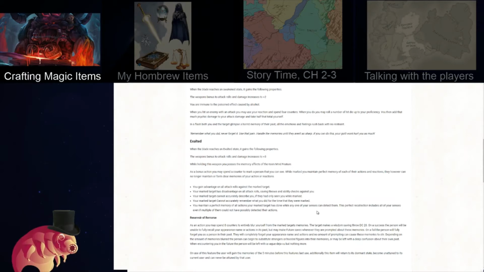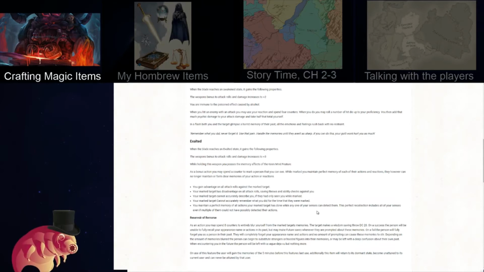You gain advantage on all attack rolls against your marked target. Your marked target has disadvantage on all attack rolls, saving throws, and ability checks caused by you. Your marked target cannot accurately describe you if they had only seen you while marked. Your marked target cannot accurately remember what you did for that time that you were marked.